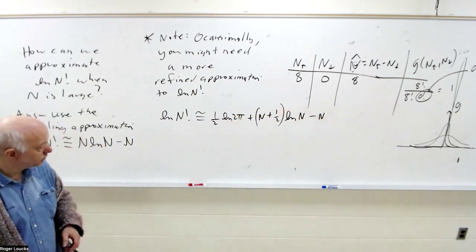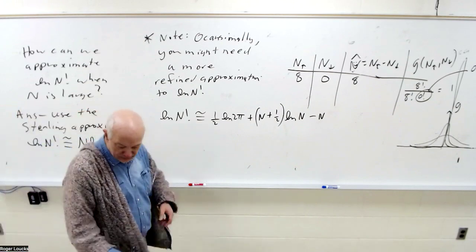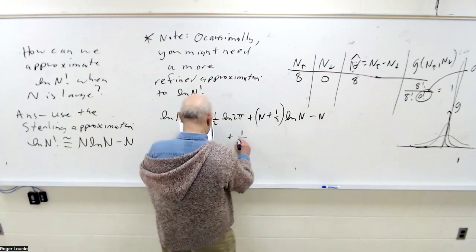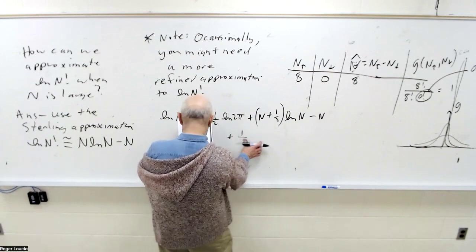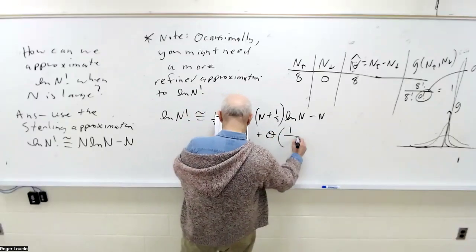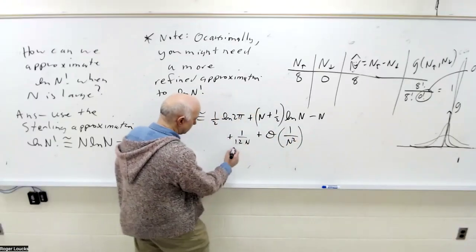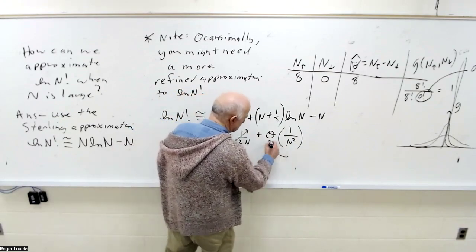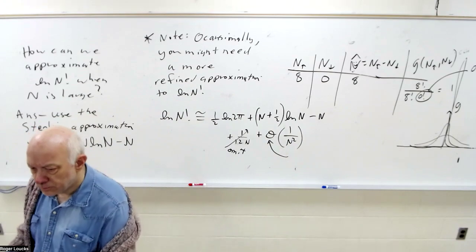Let's put the O of 1 over n. Okay, if you look at this equation here, O. So this would be plus, not that at all. Now this right here, what does this mean here, that O? No, it's not 0.